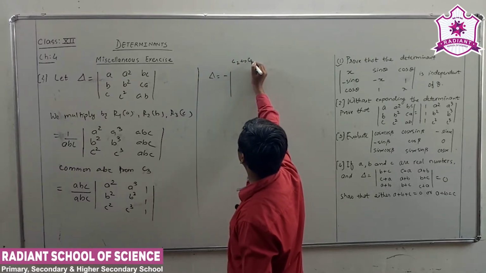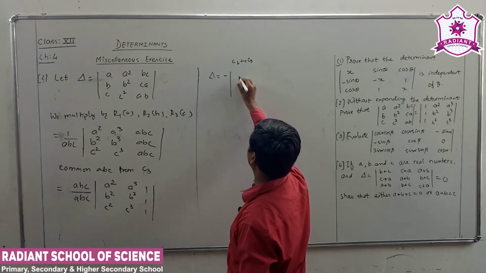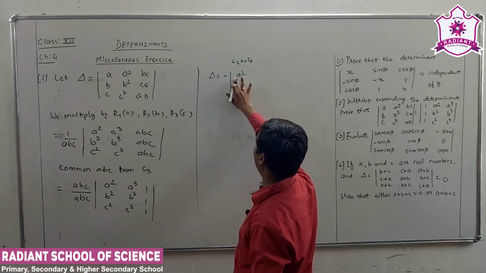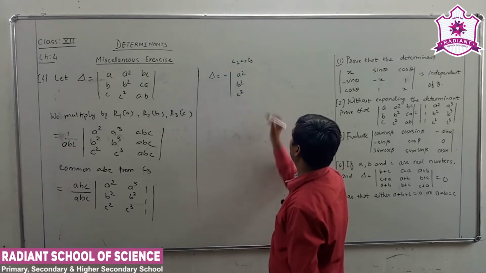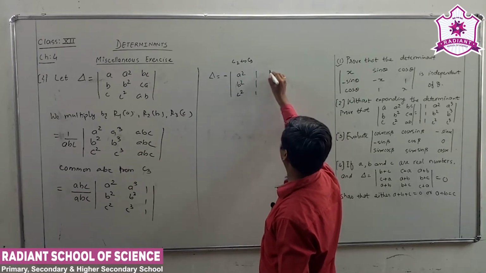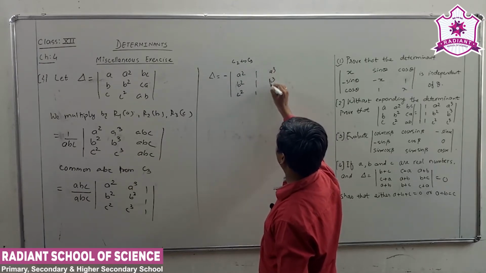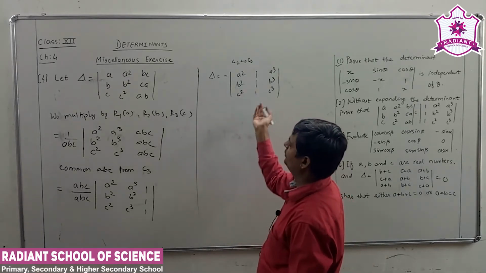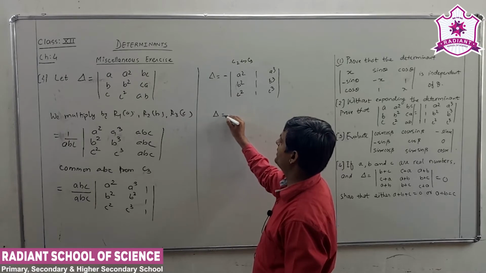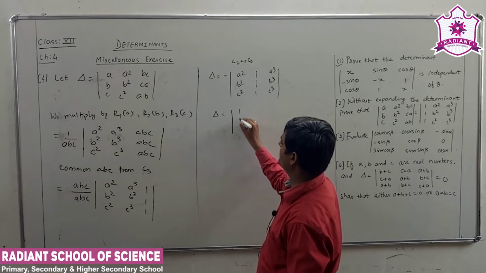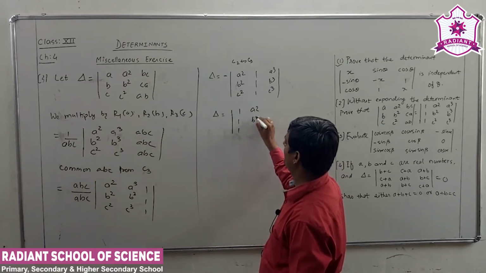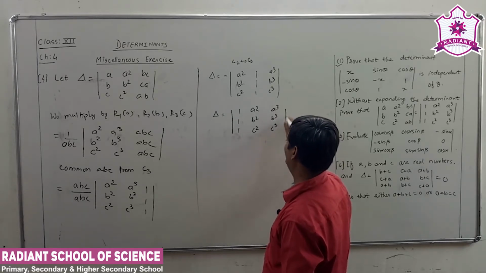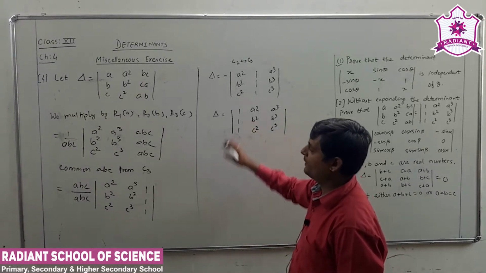We change C2 and C3. So a square, b square, c square; 1, 1, 1; a cube, b cube, c cube. Again interchange rows 1 and 2. So delta is equal to, again minus, so minus minus plus, 1, 1, 1; a square, b square, c square; a cube, b cube, c cube. Understand this? So minus minus plus.